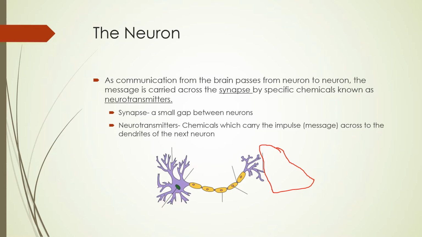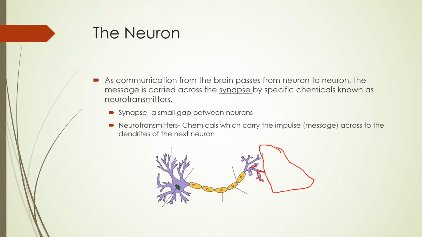I'm still a novice at using the drawings on here. But as you can see, there's tiny little branches that jut out right here. And each of these tiny little branches can make connections with different neurons based on the ways in which your body has made connections.